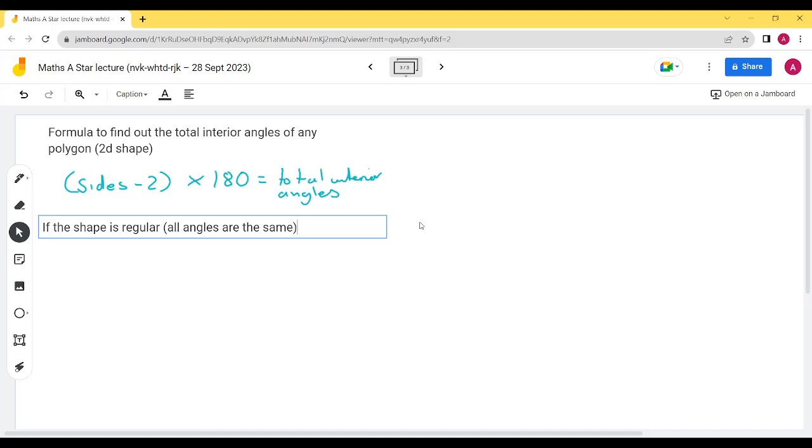If the shape is regular, you can divide total interior angles by the amount of sides to find each interior angle.